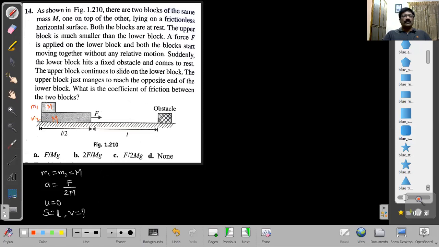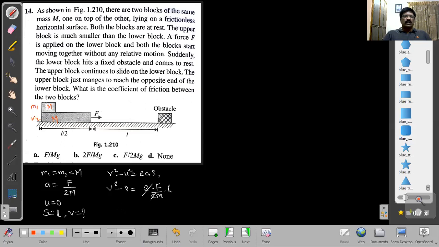So what is the relation among them? From V square minus U square is equal to 2AS. V we have to find, minus U means 0, 2 into A means F by 2M, into S means L. Of course, the 2 cancels here.